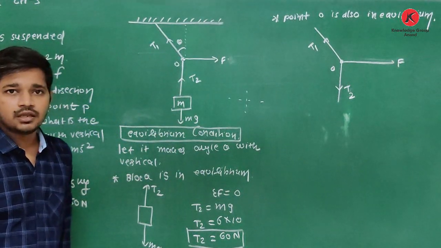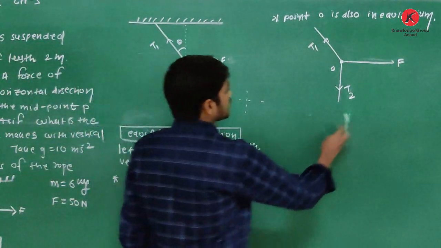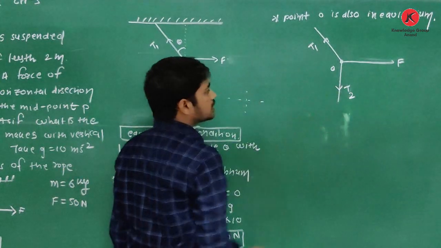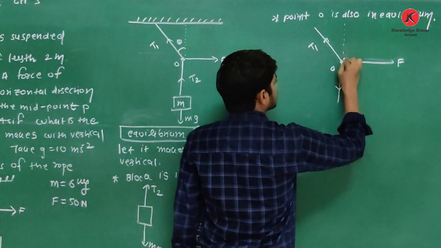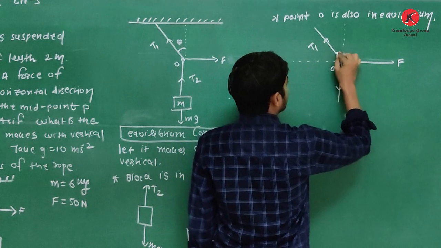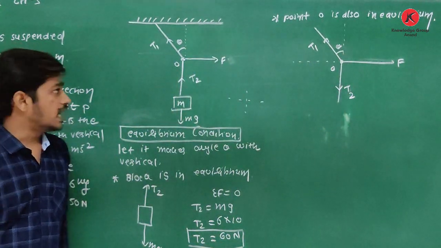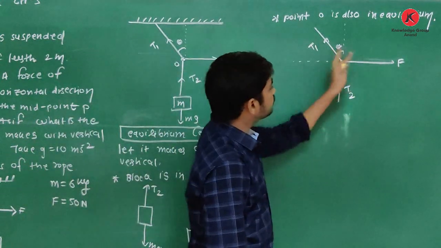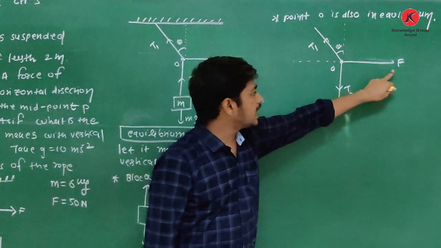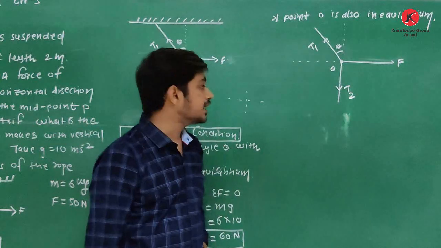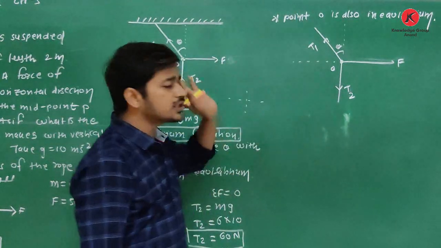Clear about this? Now, it is horizontal direction, it is vertical direction. We have to find this angle theta. Now see, out of these three forces, this external force F is in horizontal direction. This T2 is in vertical plane.